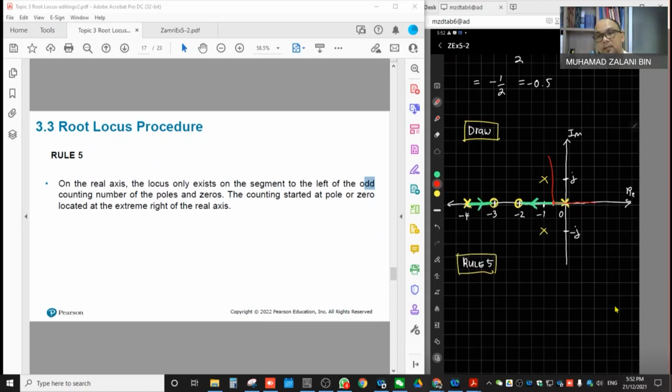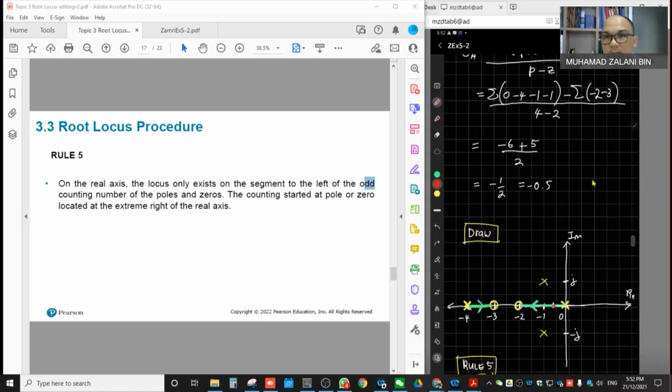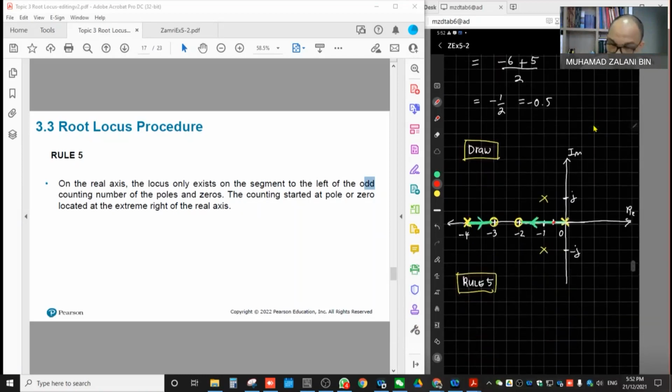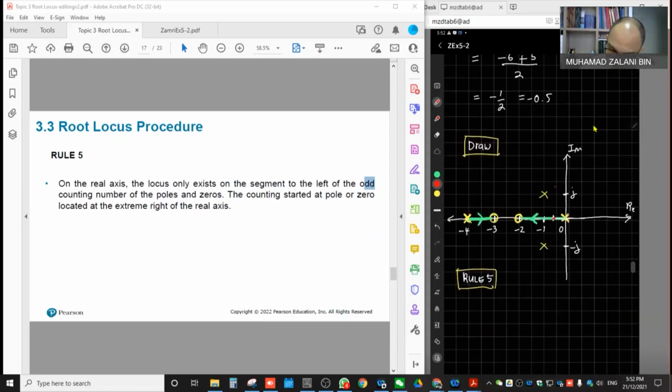Another angle is 270 degrees. So we have two angles here, 90 degrees and 270 degrees.